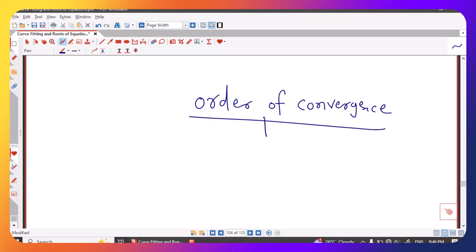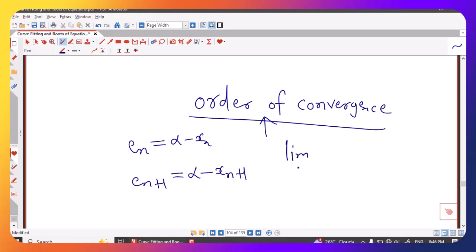Order of convergence is defined in this way. Suppose en is the difference between the actual root and the nth approximation, then en plus 1 is the error between the actual root and the n plus 1th approximation.